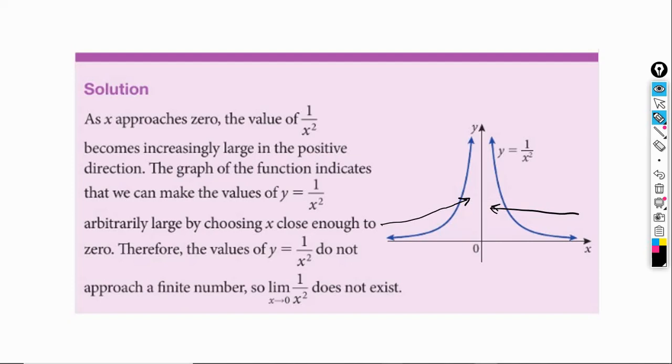And that's easy to see because if you divide 1 by numbers that are very, very close to 0 squared, you'll always get a positive, and you'll always get very, very large numbers. So taking this into account, because it doesn't converge to a value L, then we can conclude that the limit of 1 over x squared as x approaches 0 does not exist.